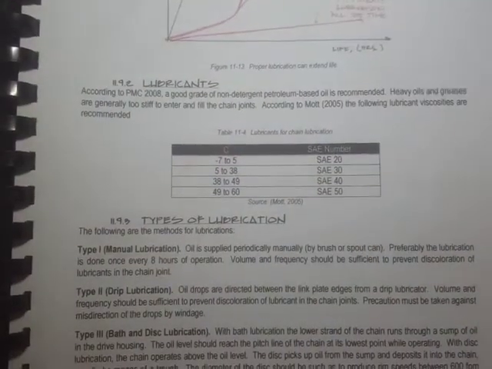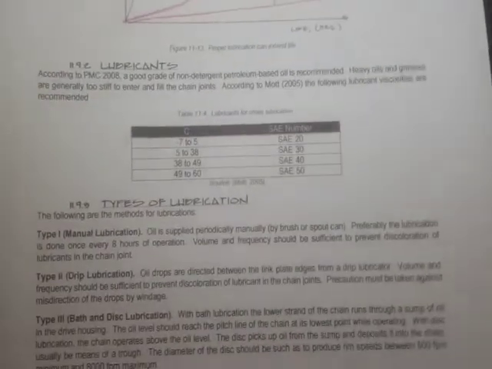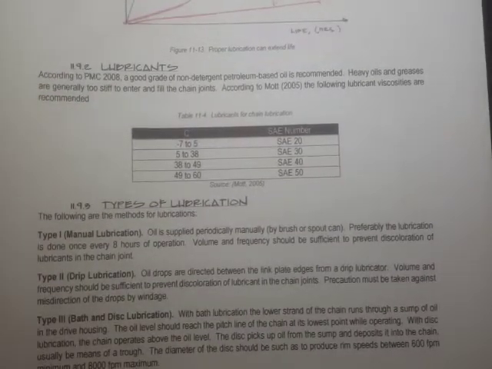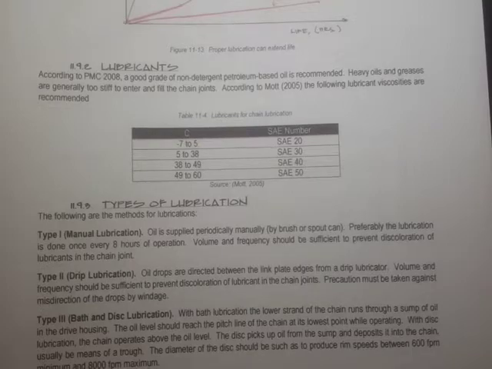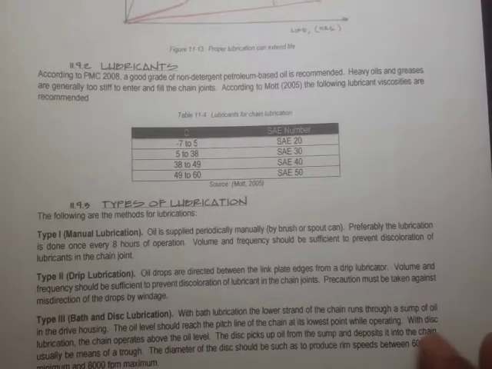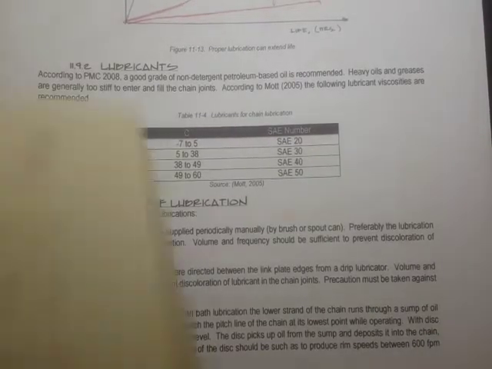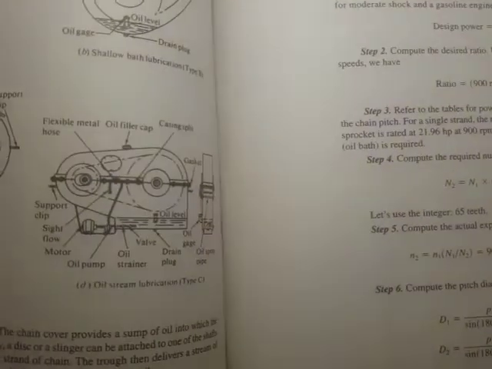Okay, so now for the types of lubrication. How do we lubricate the chain drive? We actually have 4 types, or depending upon the reference, sometimes they just use 3 types.